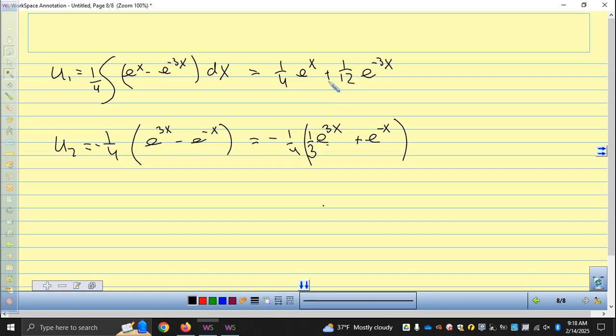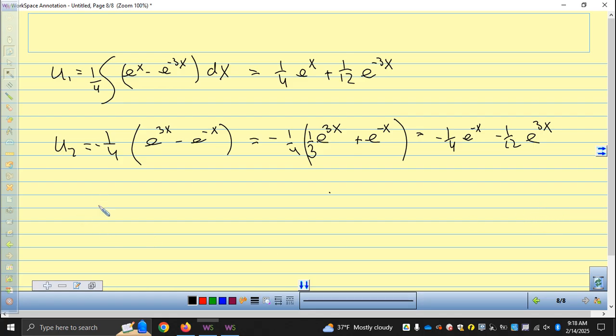Pretty sure. Yes, you're right. I don't think this one was tough. So what do we get here? Minus 1/4 e to the minus x minus 1/12 e to the 3x for that one.